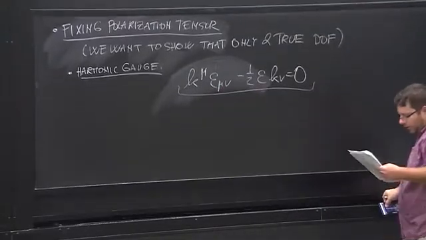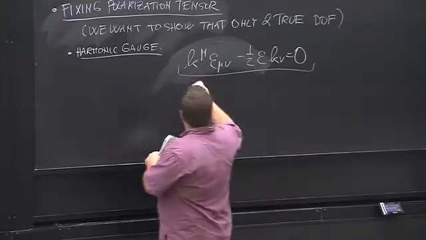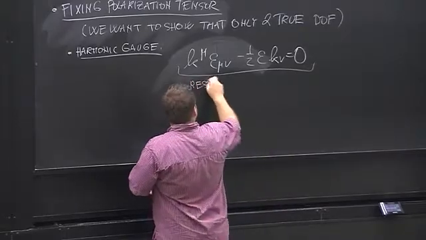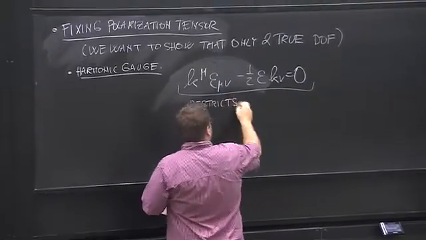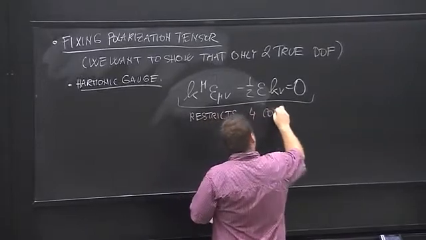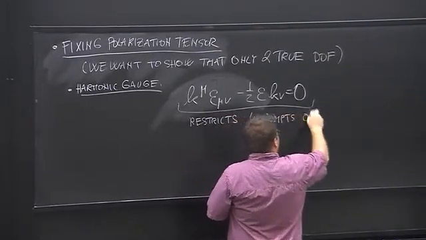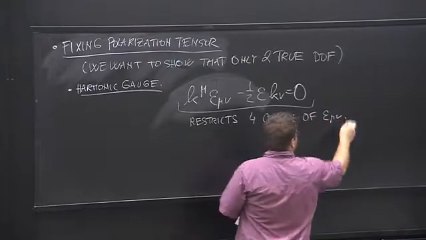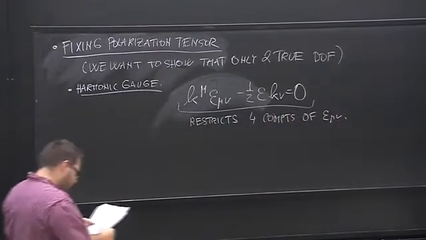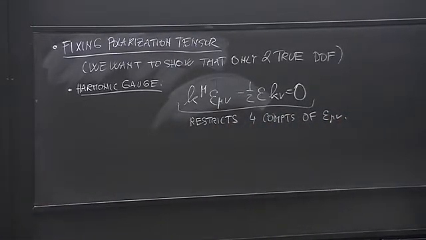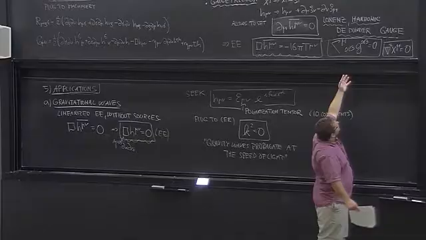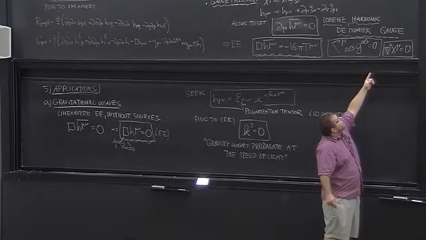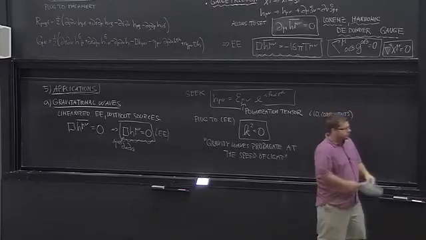So this restricts 4 components of my polarization tensor. So now we are down to 6. And this gauge was the same thing as prescribing ∇² x^μ = 0.